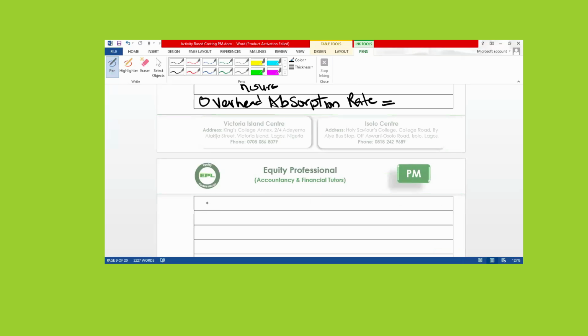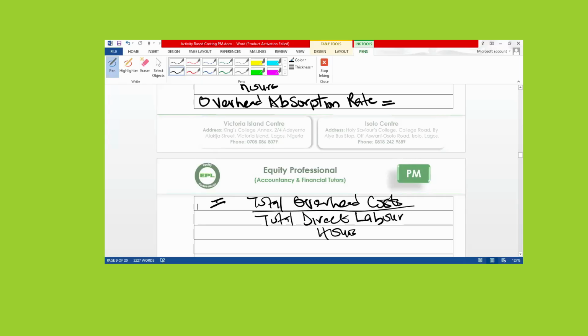Overhead absorption rates is equal to total overhead cost divided by total direct labor hours. You can see now.